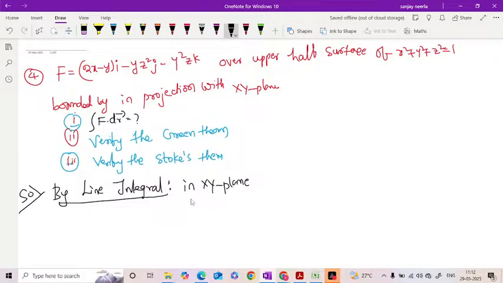What is the z value? Z is 0. And dz is 0. That means this sphere after projection becomes a circle. The projection of the sphere on the xy plane becomes a circle.